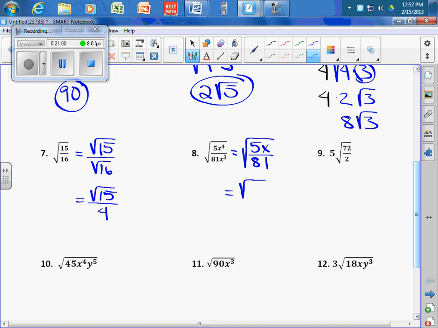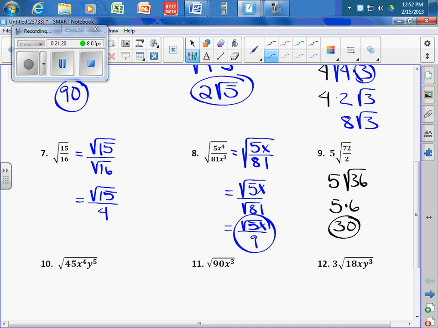Break it up into its 2 parts. And we are left with radical 5x over 9. Number 5, we have the 5 that is the coefficient in front of the radical. We have the square root of 36. 5 times 6 is 30.